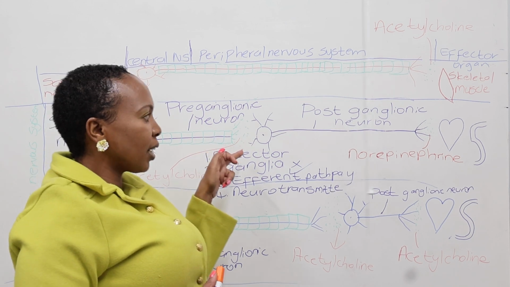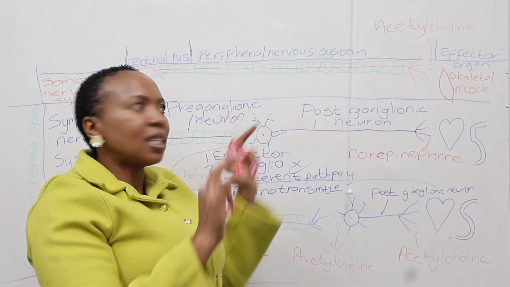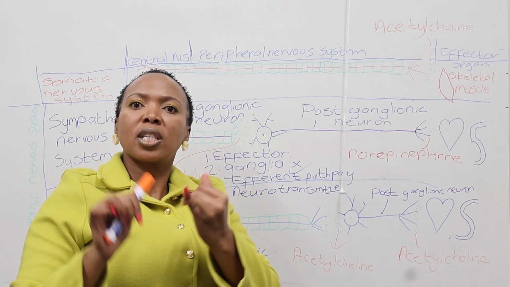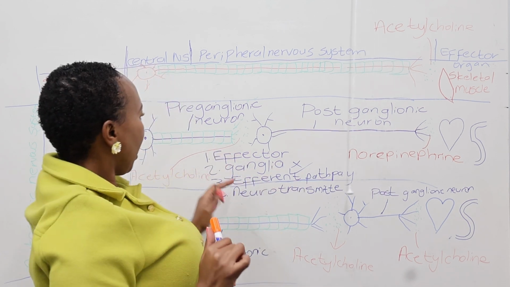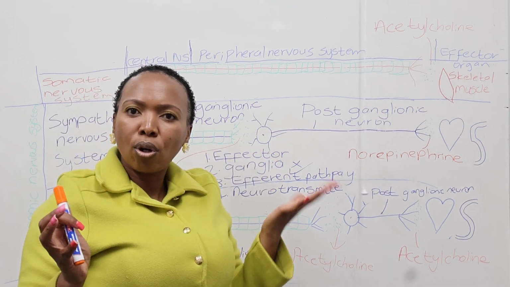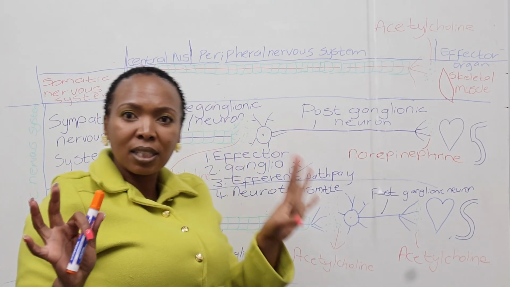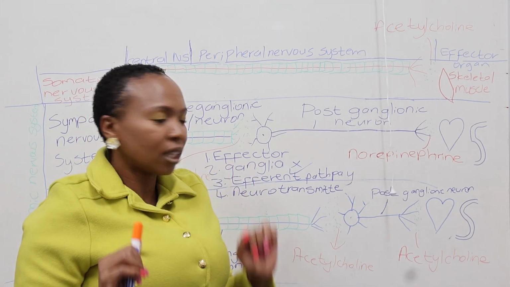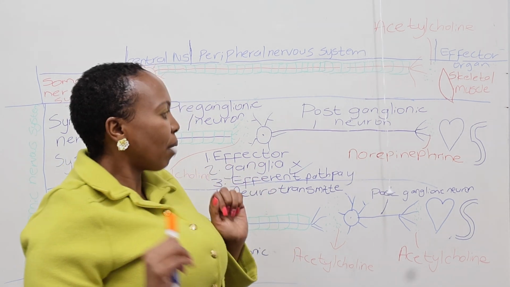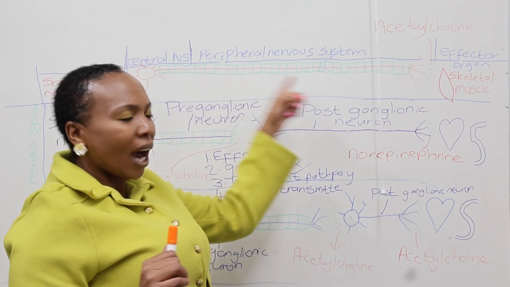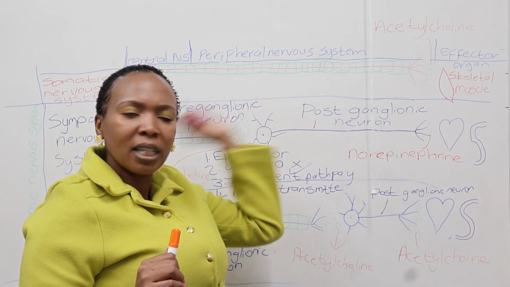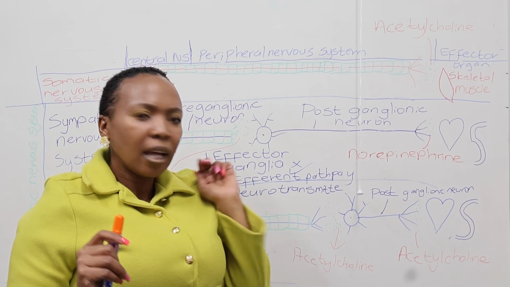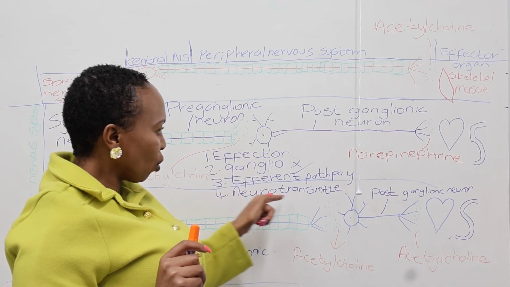In terms of the effector organ, the somatic is the skeletal, the autonomic is the smooth and the cardiac muscle. The somatic does not have a ganglia, whereas the autonomic has got a ganglia. Efferent pathway, there is only a one-neuron pathway in the somatic and a two-neuron pathway in the autonomic nervous system.